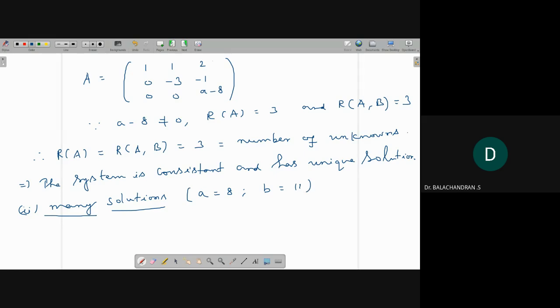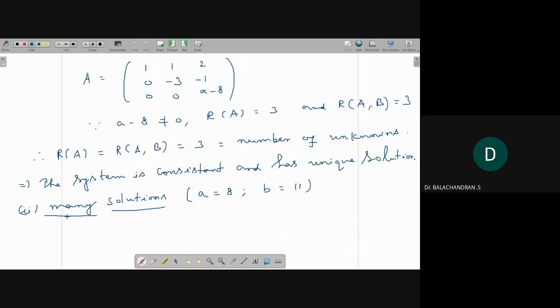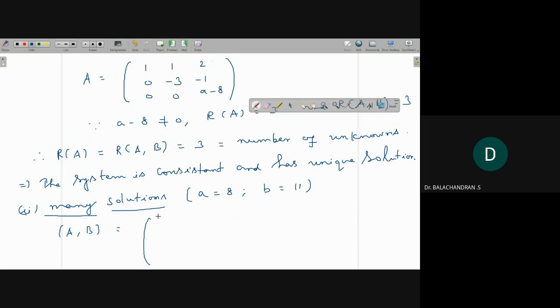So maybe I call this equation 1. From this I am writing A comma B. Please tell what is A comma B. What is the first row? 1, 1, 2, 3. Then 0, minus 3, minus 1, minus 2.